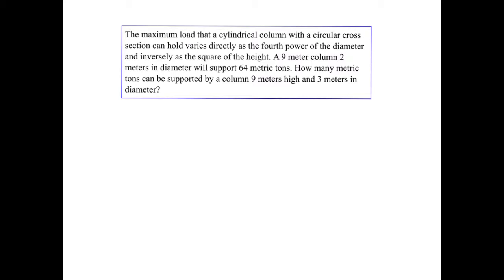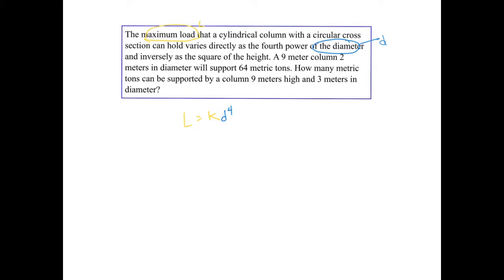It says the maximum load, so let's give that a variable name, let's call it L. The cylindrical column with circular cross-section can hold varies directly as the fourth power of the diameter. So let's call the diameter D. If I just focus on that relationship, the maximum load varies directly as the fourth power of the diameter.